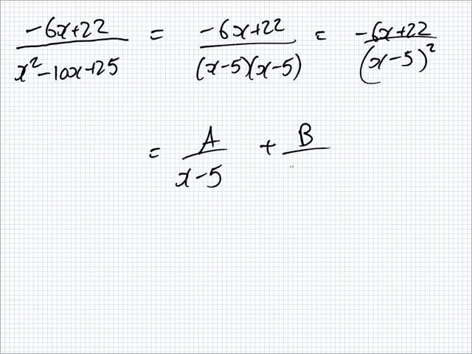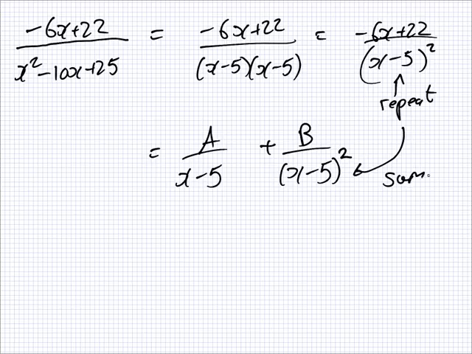Instead it's x minus 5 squared. So when you have something which is repeated, you keep it the same, and you also use the linear part.